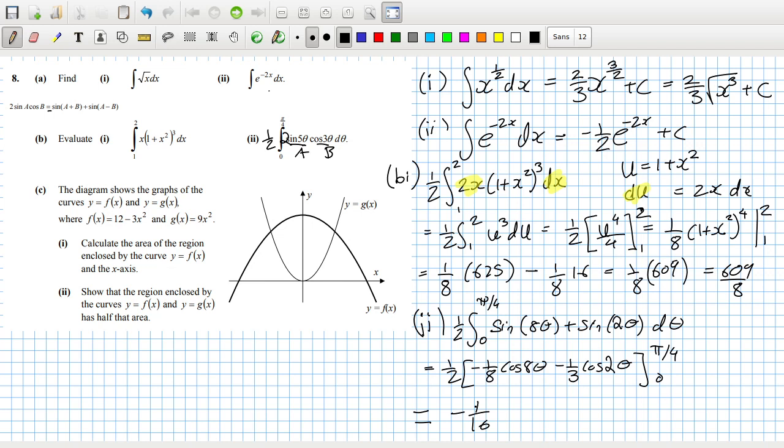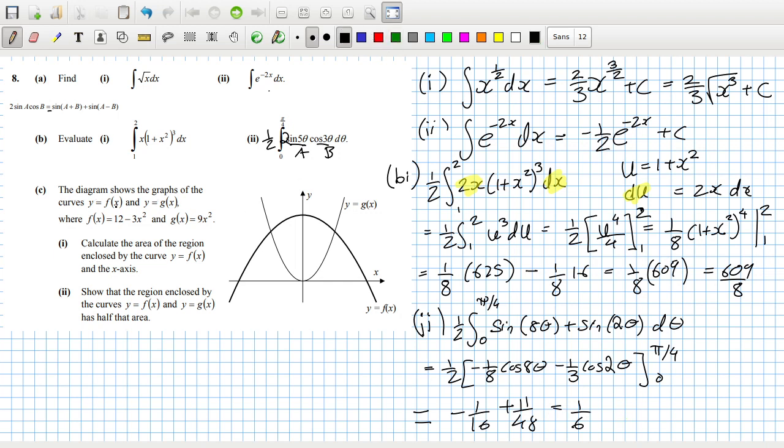And then I'll just change that to 0. And that's plus 11 over 48, which is 1 over 6. Okay, now I think that's correct. So we'll check the answers in a minute.